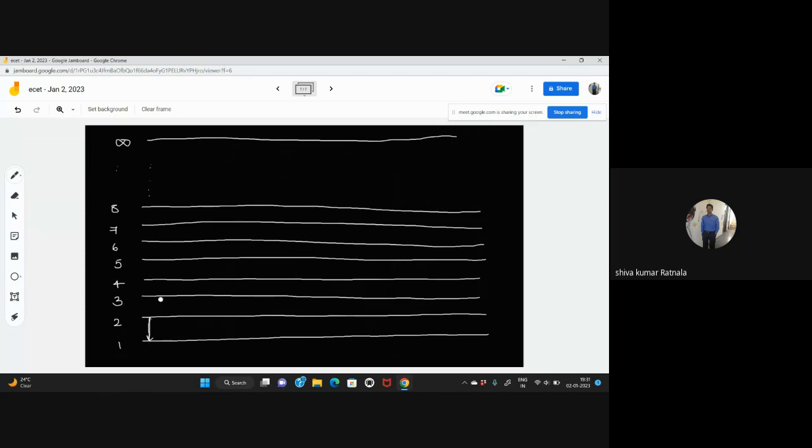It can come from 3 to 1 also, from 4 to 1, 5 to 1, 6 to 1, 7 to 1, 8 to 1, or infinite to 1 also.